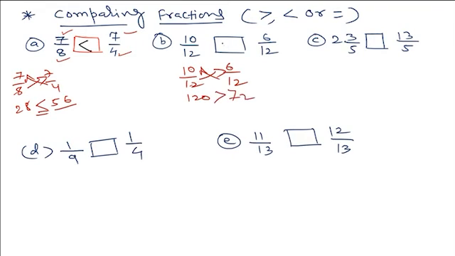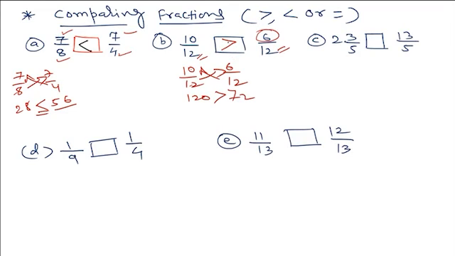So remember one thing: if the denominator is the same and the numerator is greater, then that fraction will be greater. Here 10 by 12 is there and 6 by 12. In this question 12 and 12 are the same denominators, only the difference is in the numerator. So a larger numerator with the same denominator means a larger fraction.